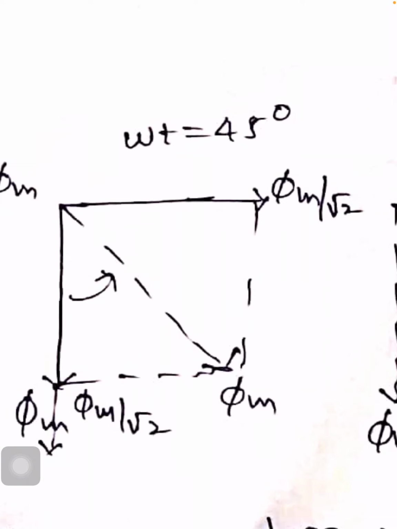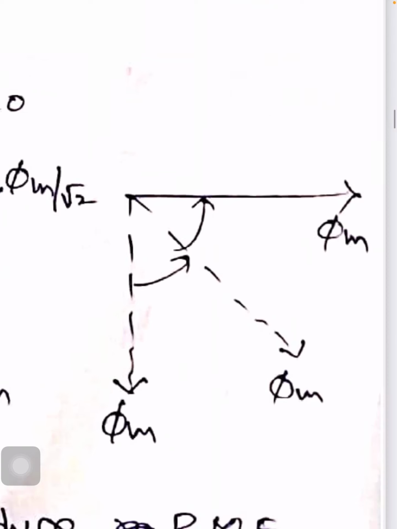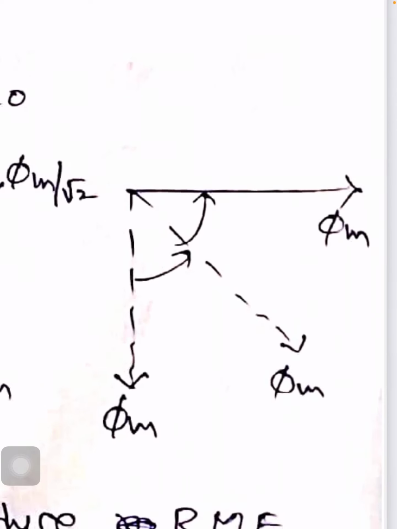The dotted middle line represents the φm line, which is called the resultant flux. And again, observing the case of ωt equal to 90 degrees, what happens? It is very simple.